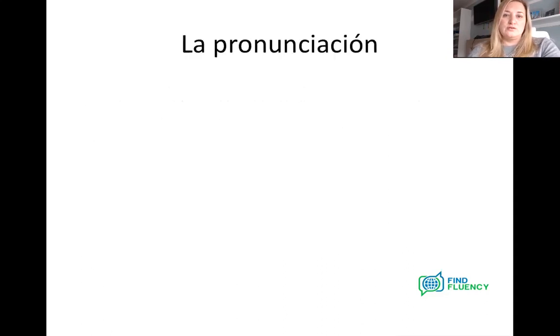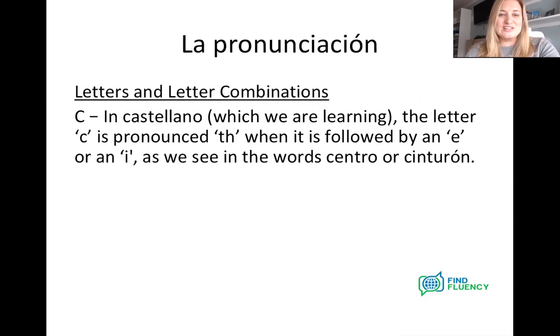La pronunciación. That's a bit of a mouthful in itself, that word. So letters and letter combinations that I feel like it might be good to be aware of for you guys, right? So the letter C, or C in español. In Castellano, which we are learning, so Castilian Spanish, the letter C is pronounced as a th.